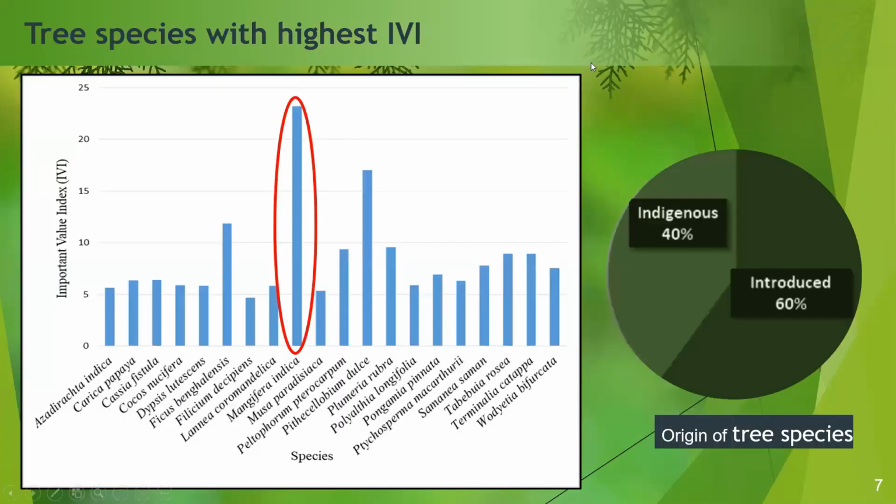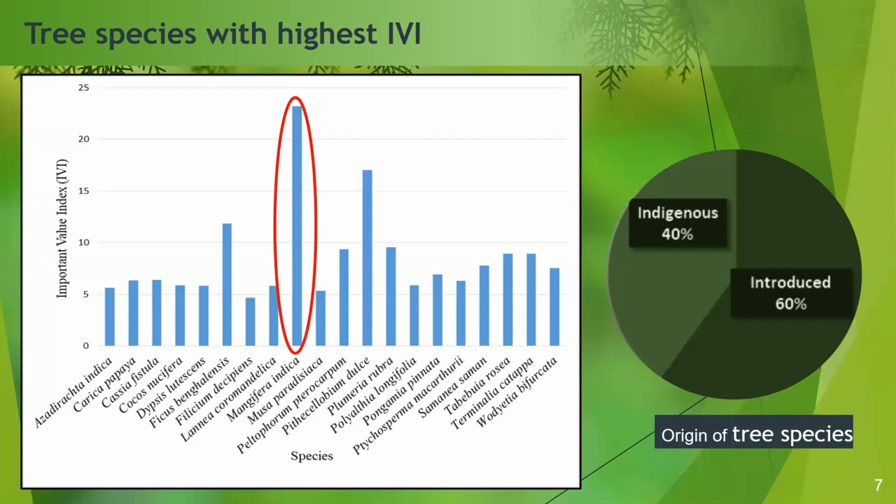Yes, and we calculated some of the diversity indices as well, and then the important value index, which was again based on these diversity indices. Here we only show the IVI, the important value index, for some of the plant species.